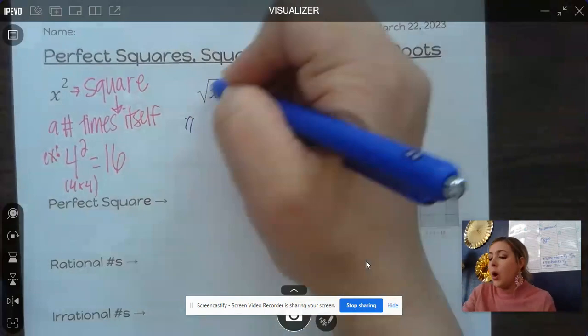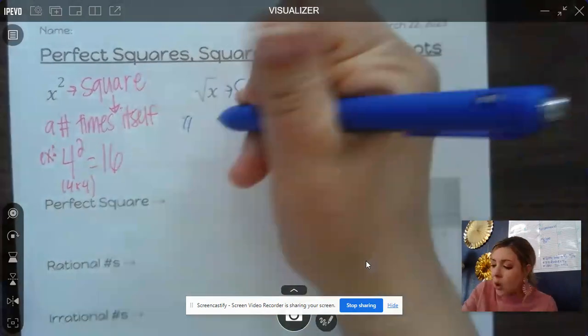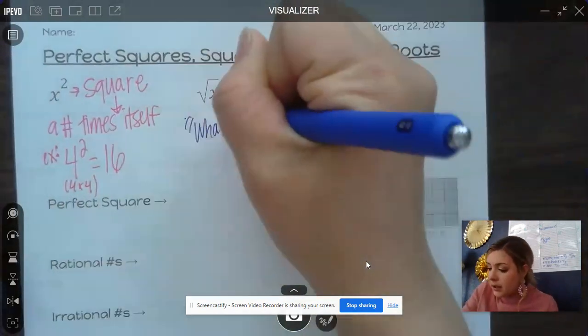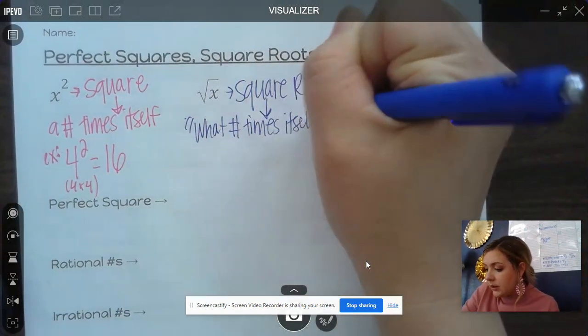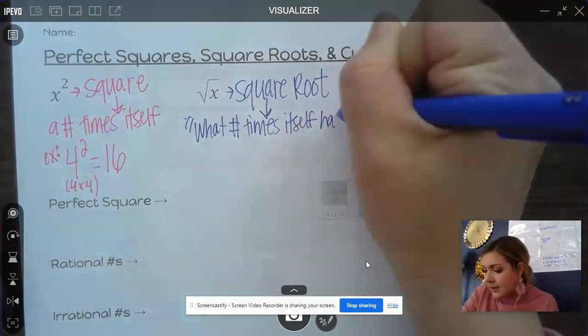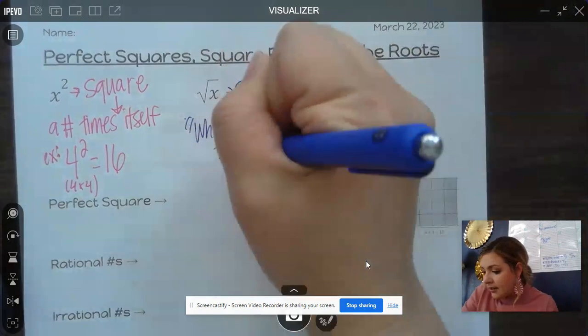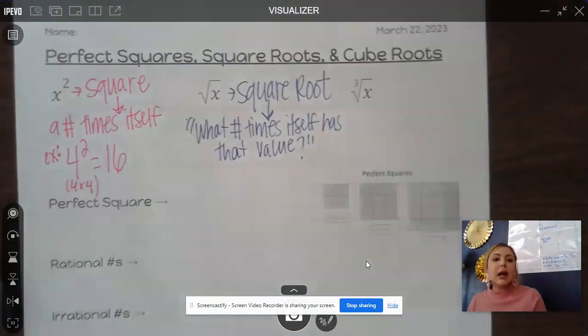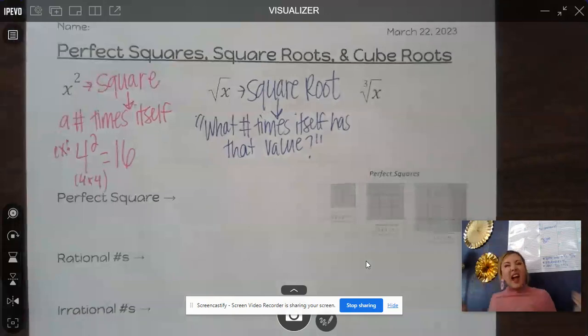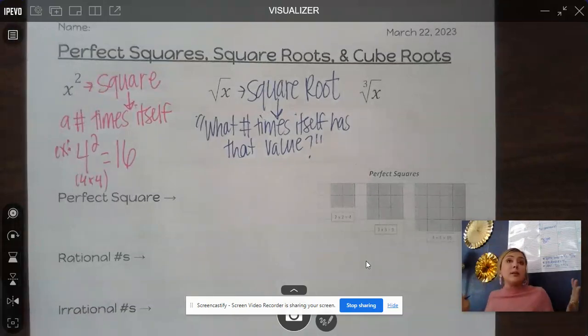When I see this, the question is, what number times itself has that value? That's what square root is.